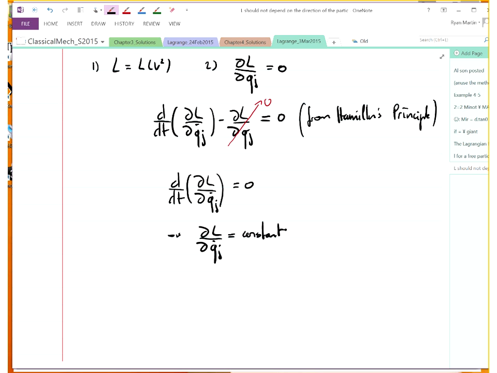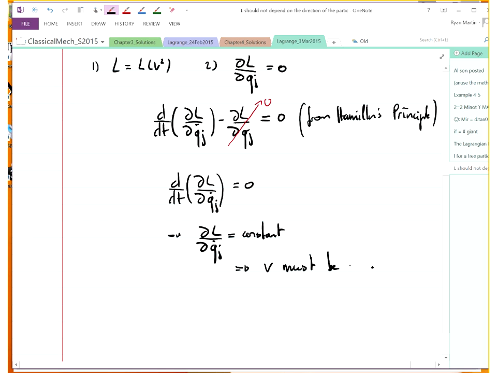Now remember, L depends on v squared, and v squared has Q̇_j in it. There could be mixes of Q̇_i and Q̇_j, for example, right? Now, when I say that ∂L/∂Q̇_j is a constant, that means that v must be a constant, so that d/dt of it is equal to 0.